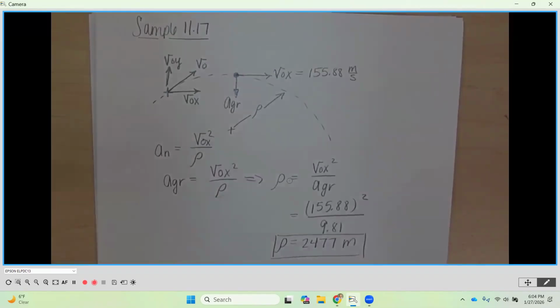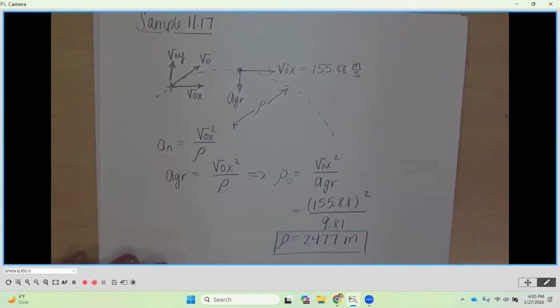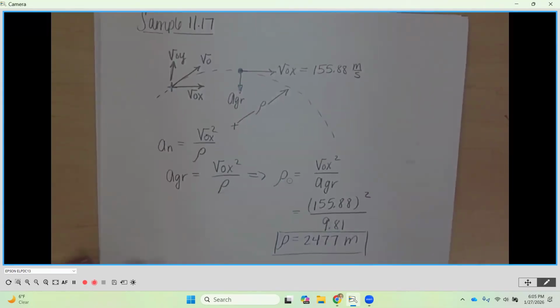No? Oh, go ahead. The example in the homework, it's also for the radius. Okay, so the question, which problem is that? The last problem is which one?